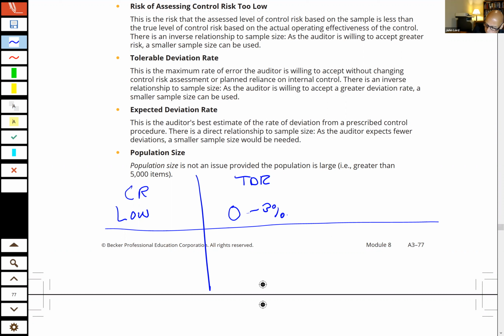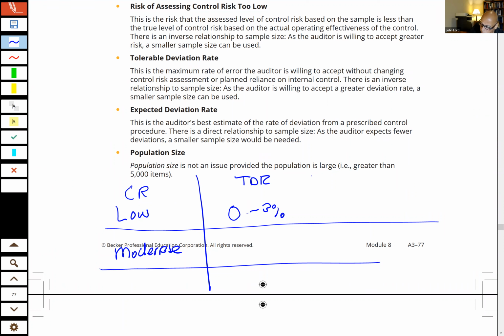Okay. If you are at, say, moderate, now you're saying, well, my control risk is at moderate, so I'm willing to accept a little more deviation from that because I'm not trying to support as low of a control risk. Remember, better evidence to support the lower assessed level of control risk.